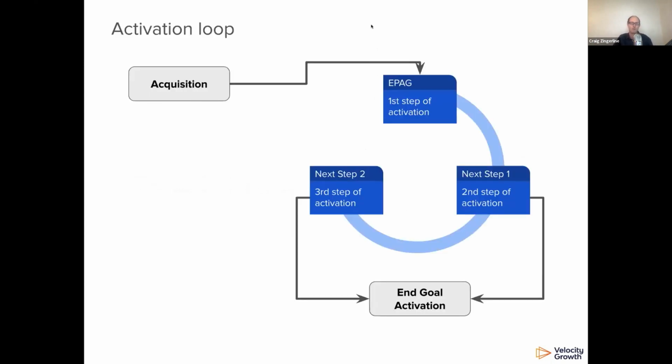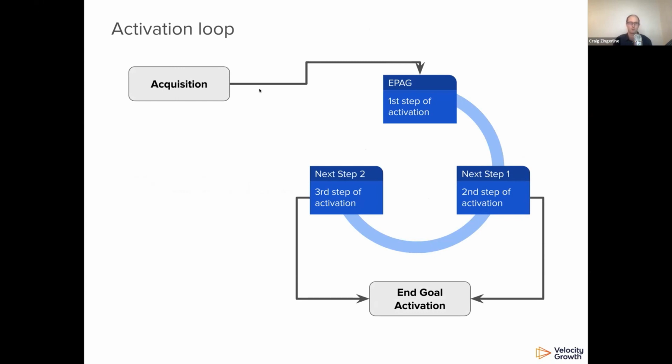Moving on here, the next step. So we've talked a little bit about where customers are. We've talked about acquisition a little bit. We haven't talked too much about channels. That's not in scope for today, but wave the magical wand and you're starting to drive people into your experience. So that first step of activation is actually the endpoint acquisition goal metric.